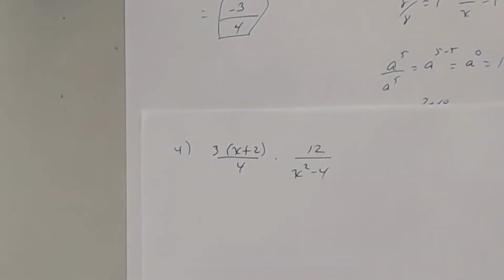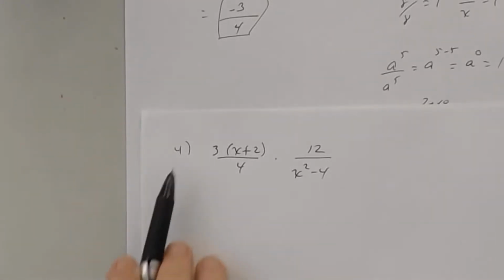Now notice in the first 3 problems we didn't have anything in the numerator or the denominator that had an addition or subtraction symbol. Now we do. So just like before, the stuff we did at the beginning of class and what we did last week, you have to factor first.